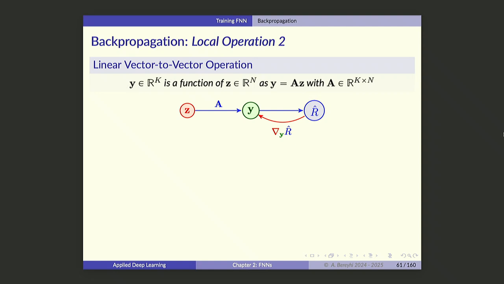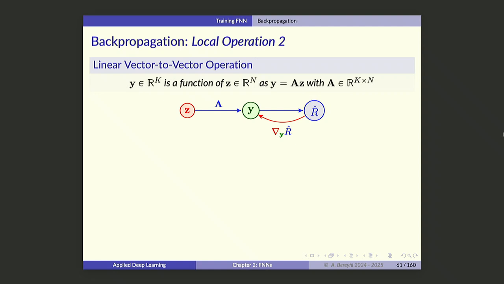So now I have computed those gradients for you inside this slide. And you can go ahead and check it out, but I don't want to tire you with that. So let's try my trick that I told you. So the gradient of r hat with respect to y, what is the dimension of this guy?